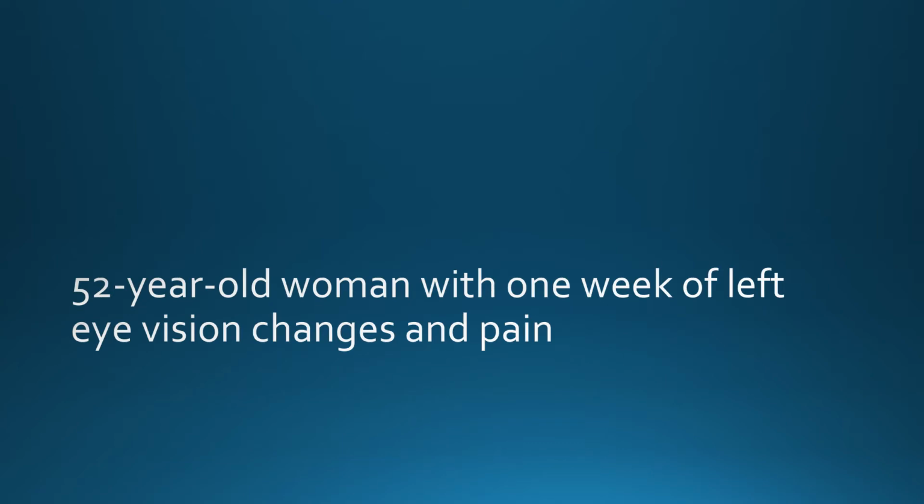Okay, so the first case, 52-year-old woman, 1 week of left eye vision changes and pain. Had MRI. This is coronal T1 post-contrast. A few subtle abnormalities. You can see a little bit of enhancement here adjacent to the optic chiasm. Maybe a little bit of enhancement here next to the cavernous sinus.